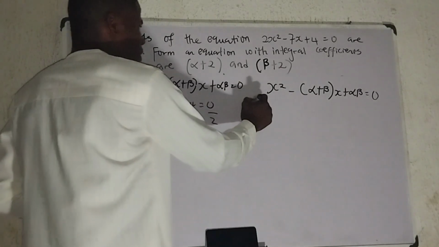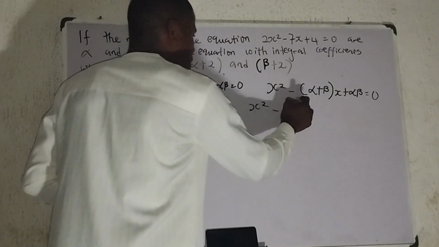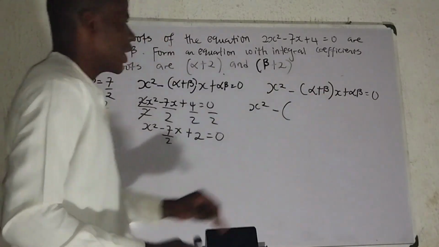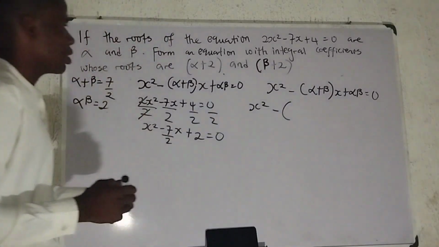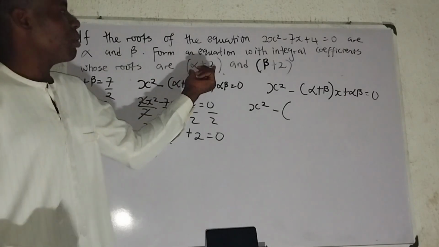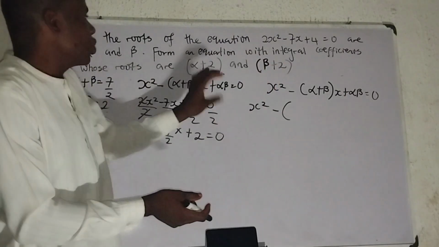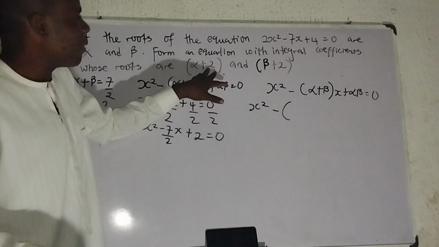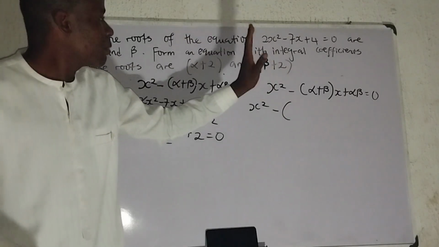Now, I have x squared minus the sum of roots. The roots of the equation we have to form are alpha plus 2 and beta plus 2.